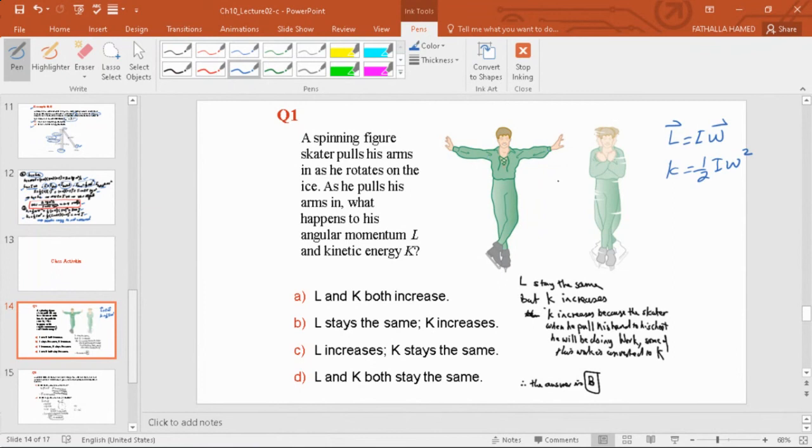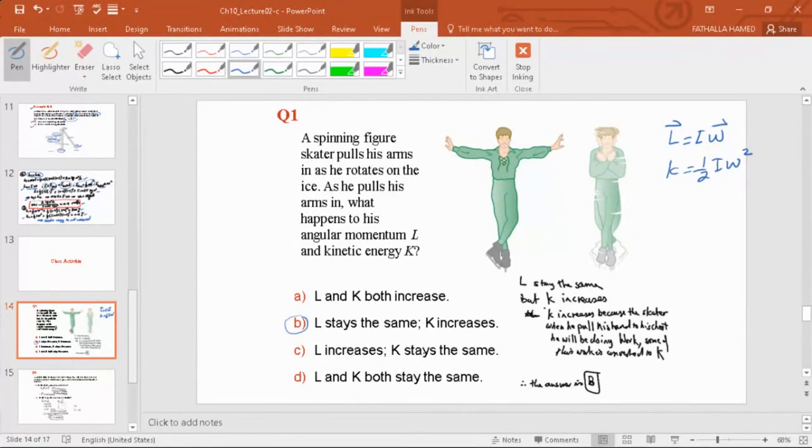When he brings the arms in, the moment of inertia will be reduced. That means he will be spinning faster. Now, we don't have any external torque, so we know one thing here, that the angular momentum is going to stay the same. So if you look at our options, they tell you L and K both increase. That's not right. L stays the same and K increases. So we can look at that as an option.